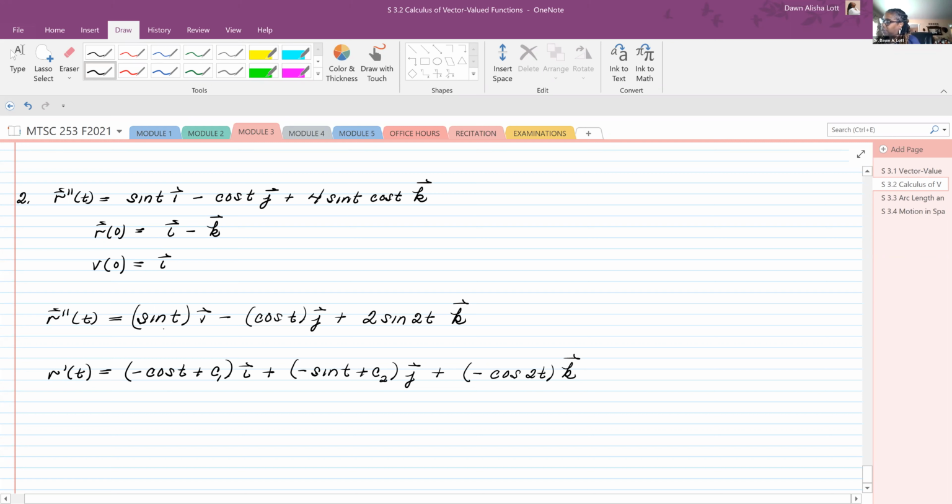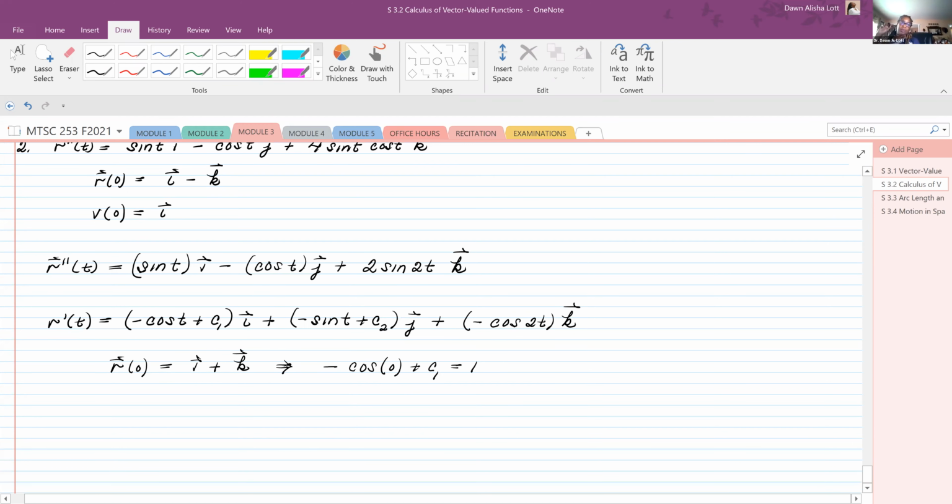Okay, so I take the derivative of that, I get that. Derivative of sine, I get minus cosine. And then derivative of negative cosine, bring down, yep. So R at 0 now is equal to i plus k. So that implies negative cosine of 0 plus C1 has to equal 1.